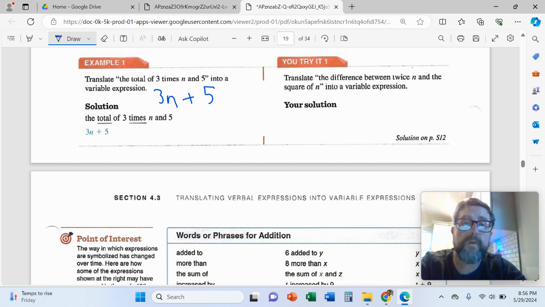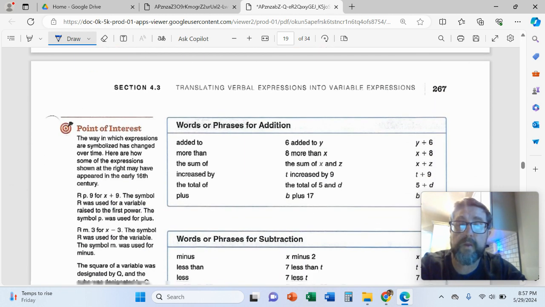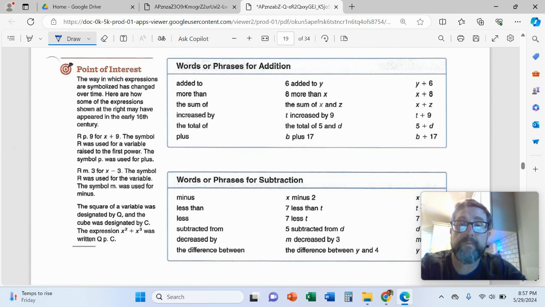We know that we're going to be adding them because of this word total. It wants the total of 3 times n and 5. So what it's asking is, after you figure out 3n, you add 5 to it. Pause this and try one on your own. At least study it.